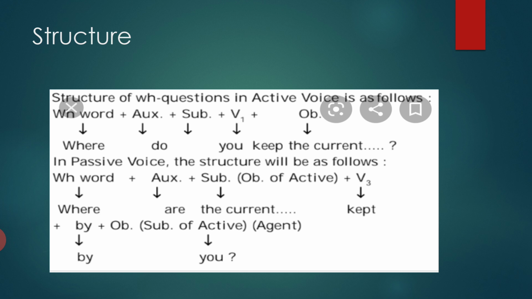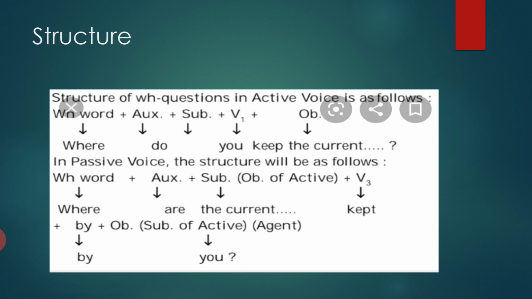So it's a sentence. While you're changing it into passive, the structure will follow: the WH word is similar, the auxiliary verb is there, like am, is, are, then the subject. Subject here means the object of active, and the object of active is the current.